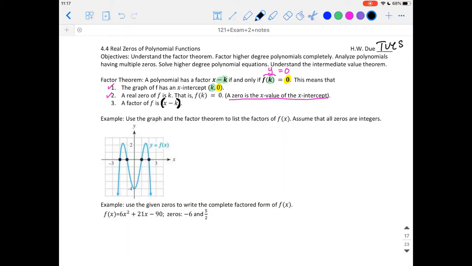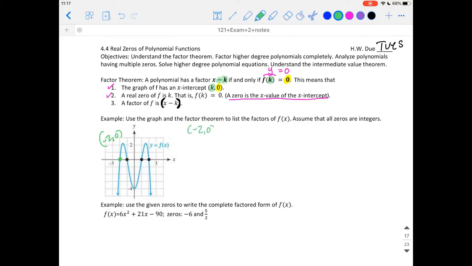Look at this example. It says, use a graph and the factor theorem to list the factors of f of x. Assume that all the zeros are integers. So integers are positive and negative whole numbers, including 0. So let's see. Here on this one, this point right here that I'm outlining is negative 2, 0.